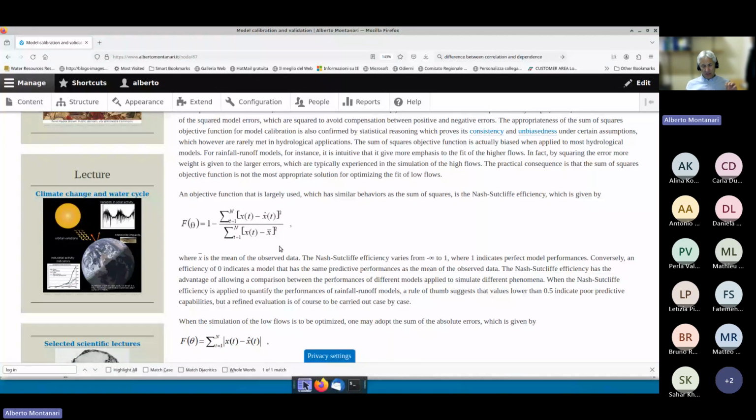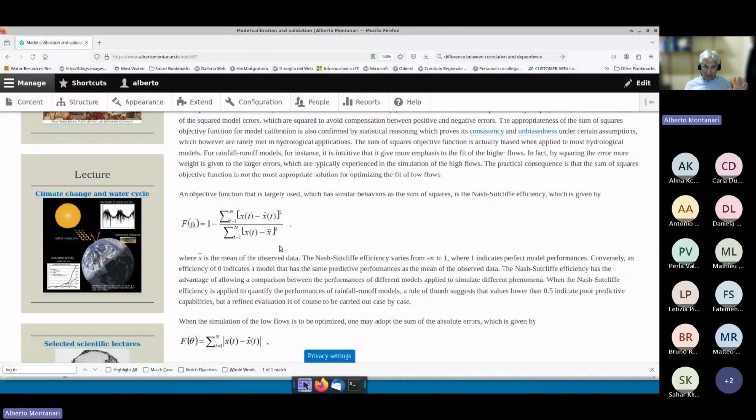Perfect. There is one consideration that I want to make. Keep in mind that these objective functions are minimized typically, or let's say optimized, because the Nash efficiency is maximized, not minimized. I aim at the value of 1. The closer I get to 1, the better the model is.